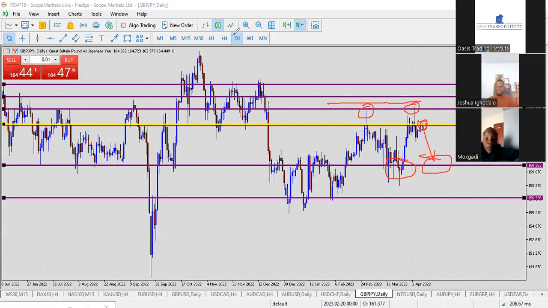Same way, if you feel the market is a buy, I want to buy this market, I see it, you buy, and then your take profit will be the next places where it previously got to and couldn't continue. Then your stop loss would be, look at the support here.